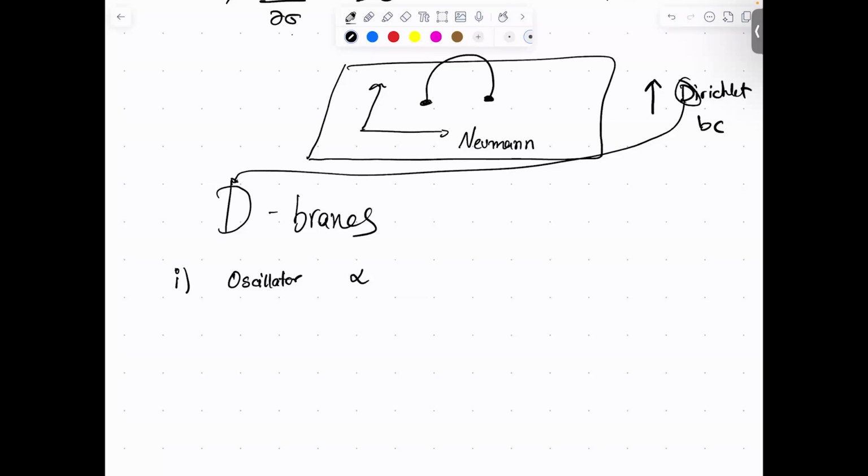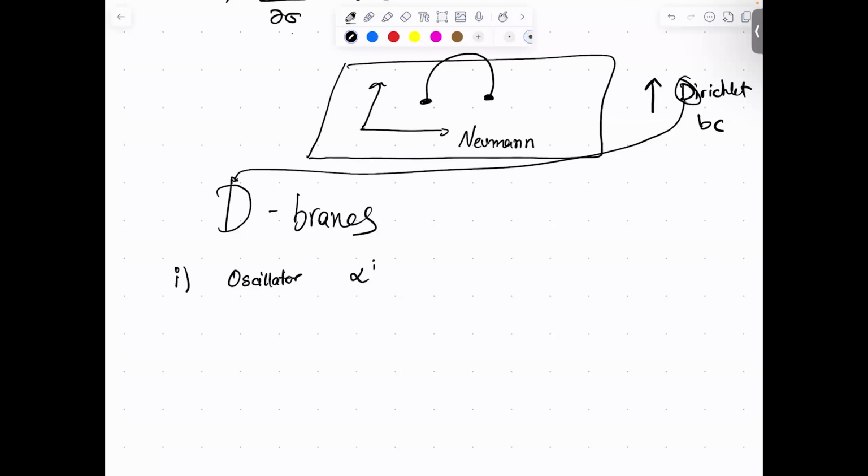That is, we can act on the vacuum with this. Oh, yeah, I should have mentioned this. A Dp brane is a p-dimensional brane. For example, a D2 brane would be a sheet of paper.